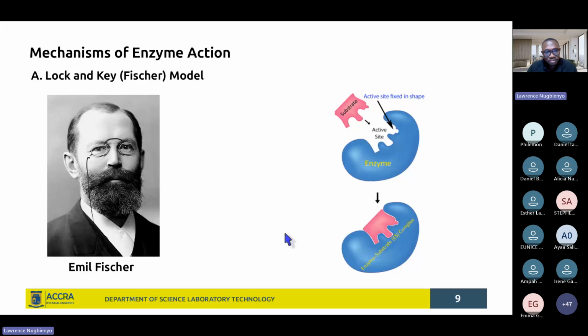So Emil Fischer was the first who brought up this model. That's why sometimes it's being referred to as the Fischer model. A lot of times you will just hear the lock and key, because the concept is just like how you have a key getting into a lock.